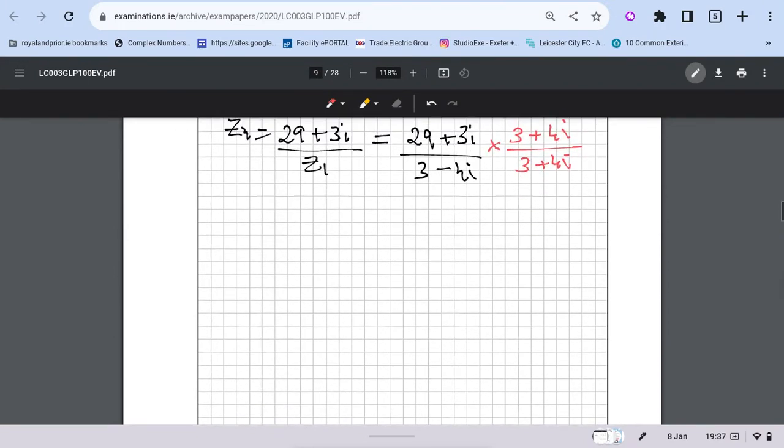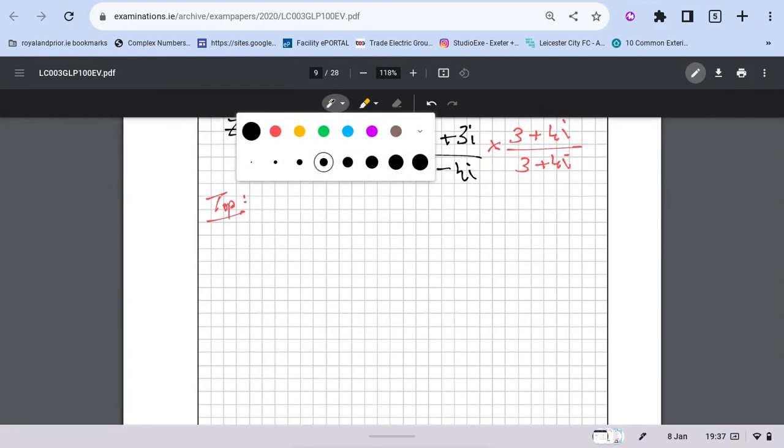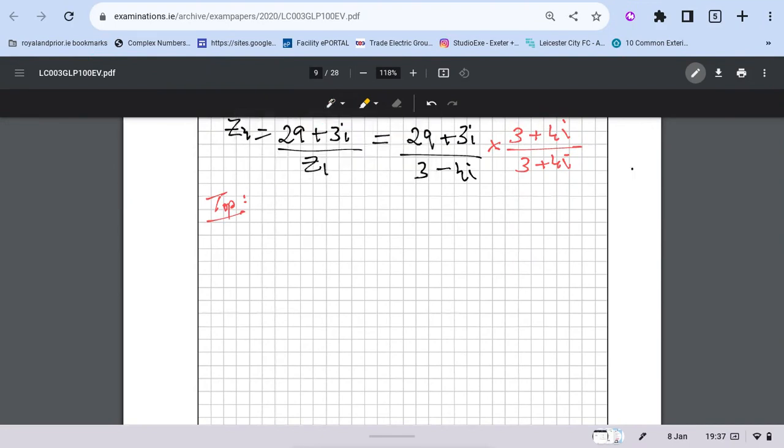And now we're just going to take our time, work out the top. So it's, what is it, 29 plus 3i times 3 plus 4i. Bust your brackets, split your brackets.